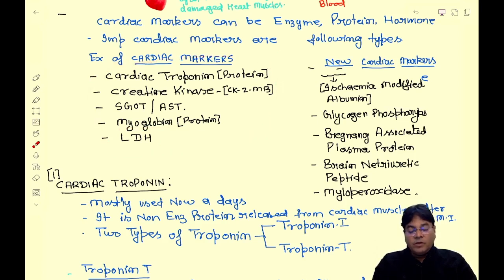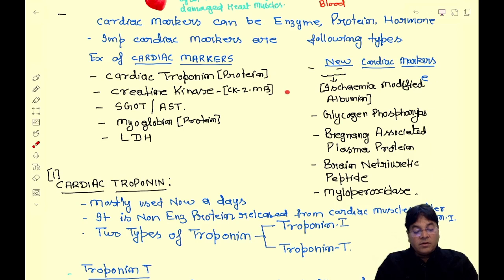The most commonly used cardiac marker today is the cardiac troponin. But along with these cardiac markers, there are some new cardiac markers as well, and these are also detected sometimes if the doctor is not able to detect the regular cardiac markers, then these markers are also used by certain doctors.